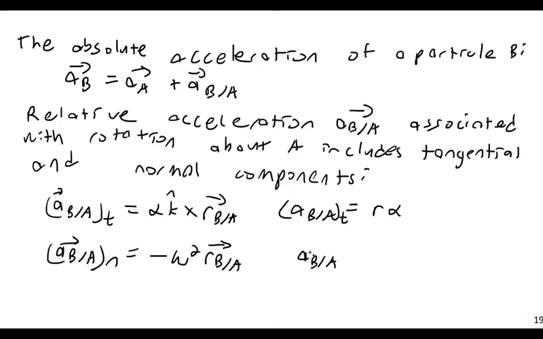ABA normal, if I was just talking about magnitudes, would simply be equal to R omega squared.